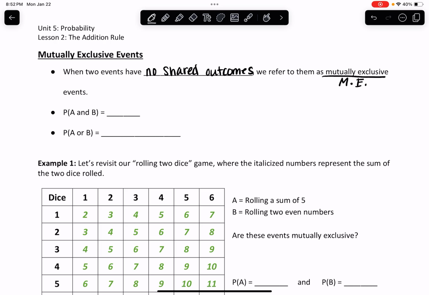So if two events are mutually exclusive, then the probability of those two events happening together is 0. They have no shared outcomes, they don't happen together.